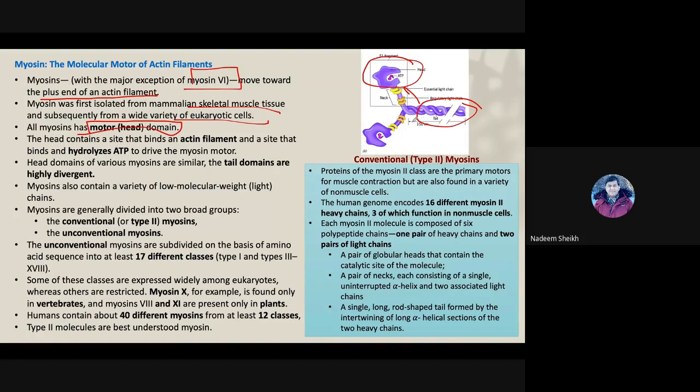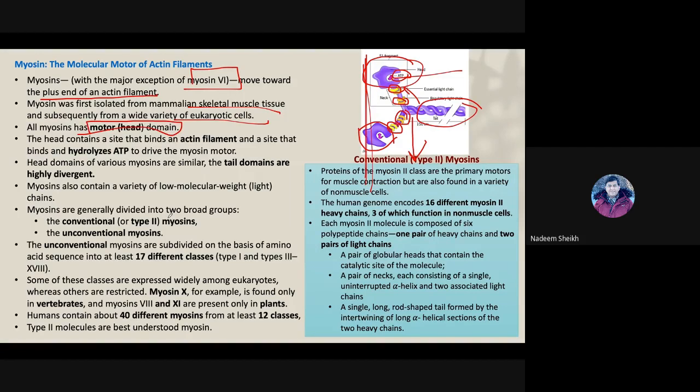The head, stalk, and tail are made up of the heavy chain of the protein, whereas the neck region is covered by some light chains. The head region interacts with the actin filaments and has ATPase activity, because it has a site where an ATP molecule binds, and hydrolysis of ATP results in energy generation. That energy is responsible for the movement of myosin along the actin protein.